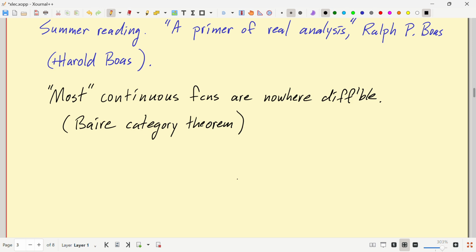Oh yeah, so we touched on the notion of cardinality of a set, Cantor's idea.